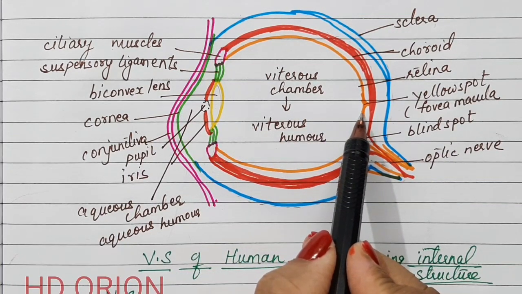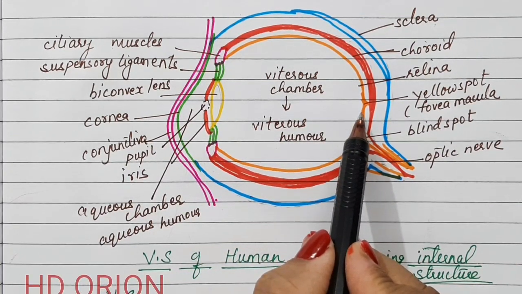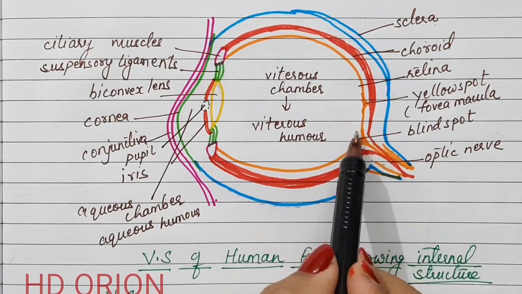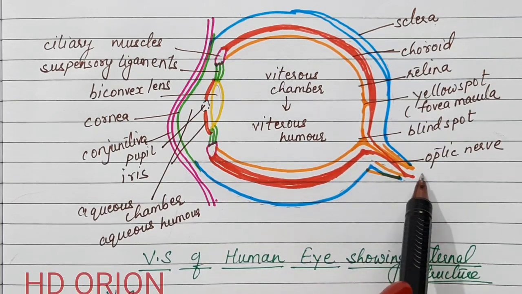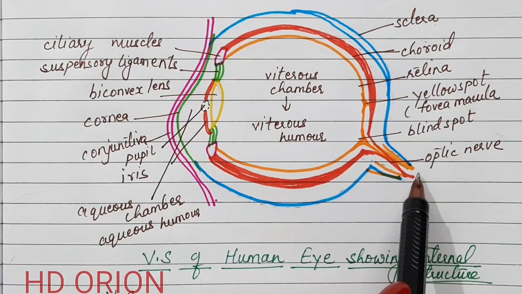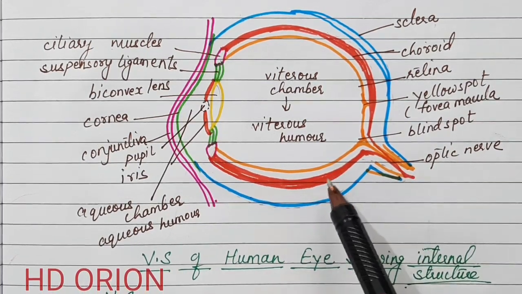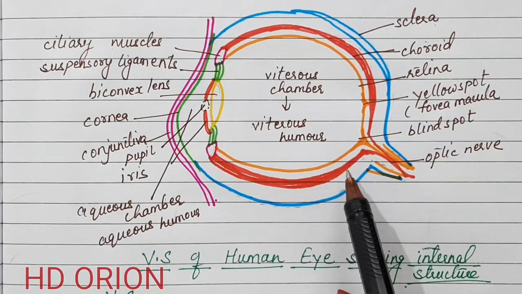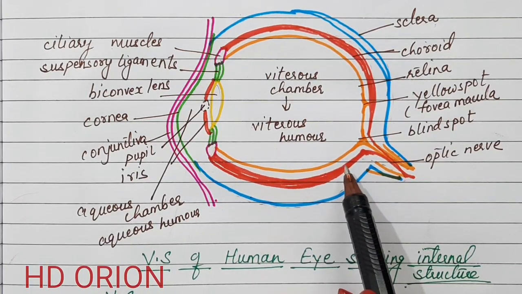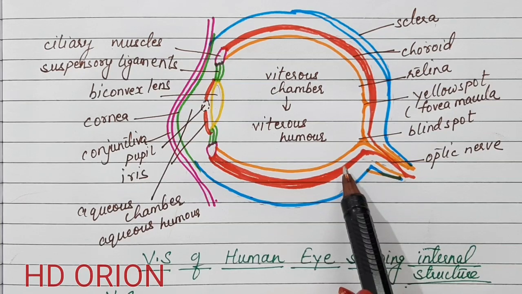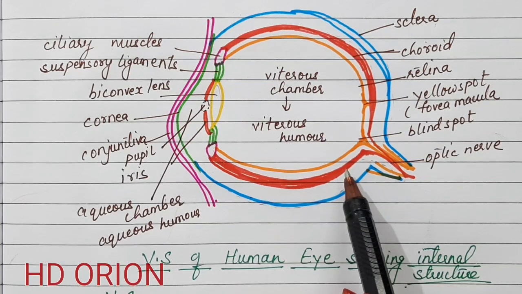The retina forms the image. This image is inverted and real, and this goes through the optic nerve to the brain. The brain interprets the message, and so happens with the other eye also. So there are two images formed by two different eyes, and both the images are overlapped, and the brain interprets it into one final image which we see.